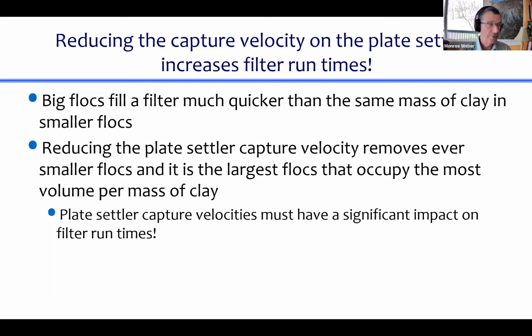The reason we care is that we're going to end up backwashing the filter. We're going to run water backwards up through the filter to clean it, and that takes a lot of water. That water is essentially wasted or needs to be recycled back to the plant. So we would like to reduce how much water we have to waste to clean the filter.